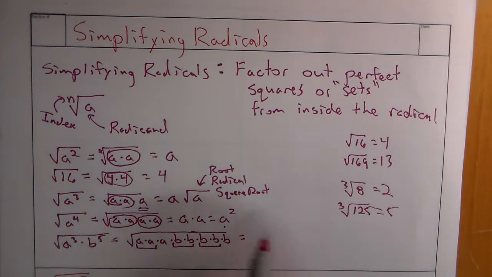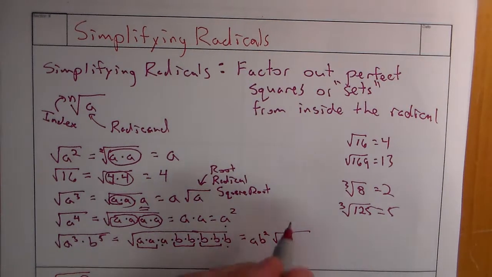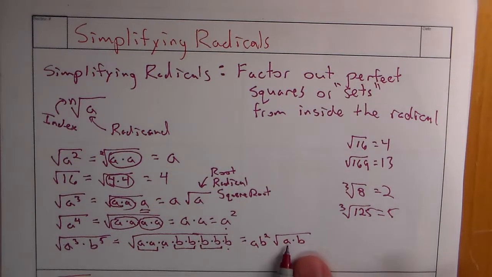So on the outside of the radical, I write the sets that I had. An a came out, a b and a b came out, so that's b squared. What's left inside is an a and a b. They're the odd ones out. In this case, literally, they're the odd ones out because I had odd values. They did not have another value to pair up with, so we would leave it inside the radical, and that's what we're calling simplifying radicals.